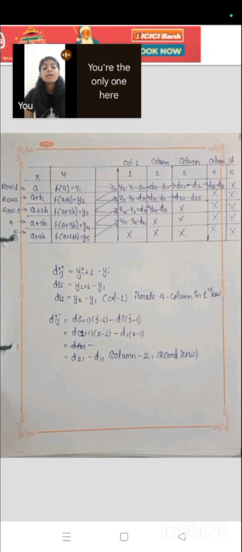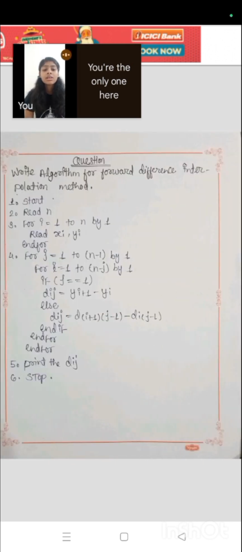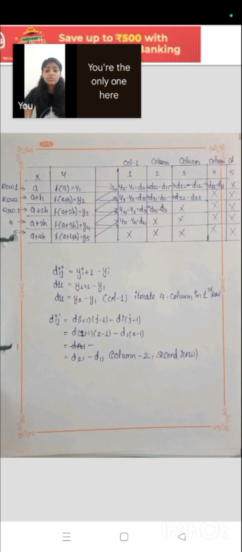In the next step, we write the else condition: dij is equal to di plus 1, j minus 1, minus di, j minus 1. Let's see what values we find with this condition. Suppose we have i is equal to 1 and j is equal to 2.